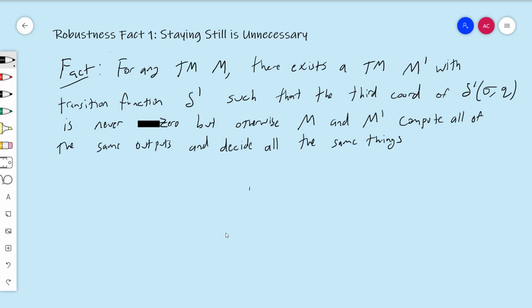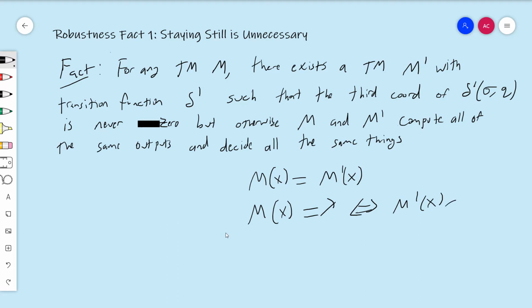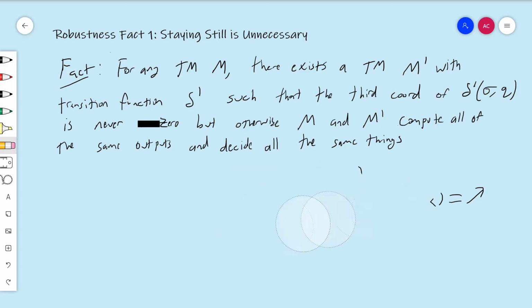If M outputs M of x for some x, then M prime of x will also output the same x. If M of x never halts, then M prime of x also never halts. So they just do the exact same things. It's just that they're designed differently, such that M prime never has a stay still result. So that's what we're going to prove.